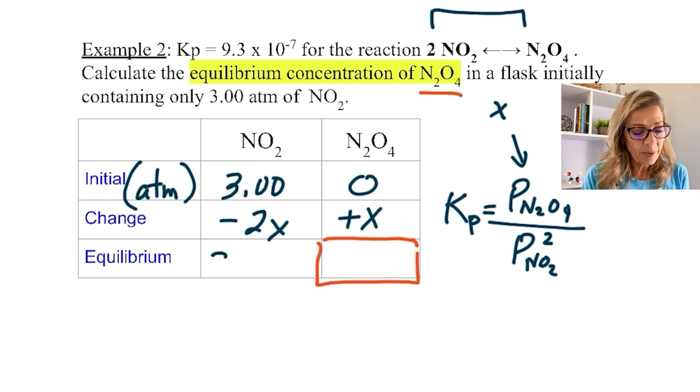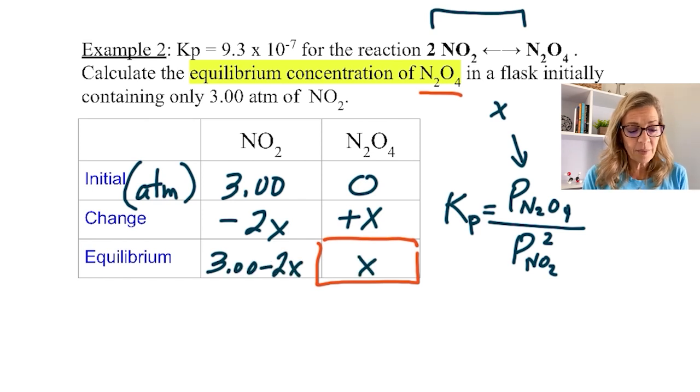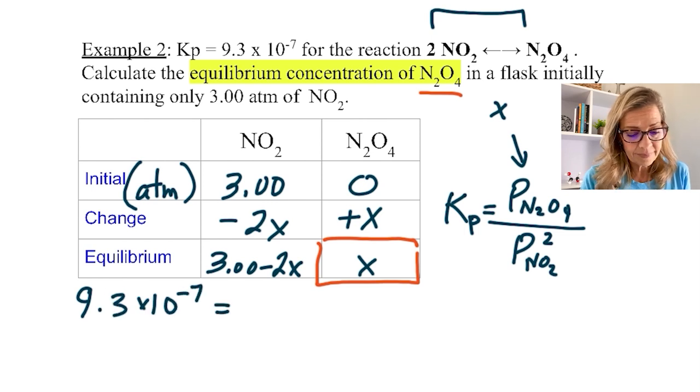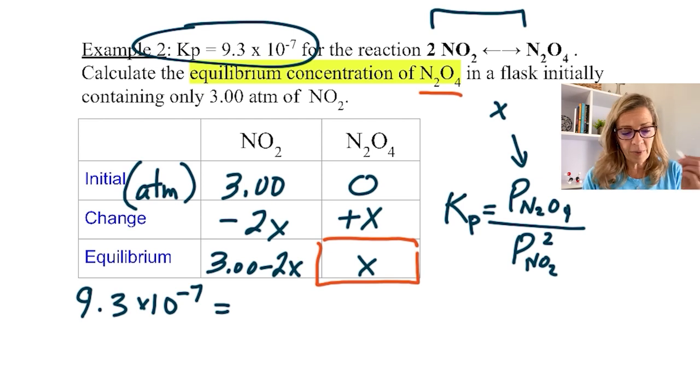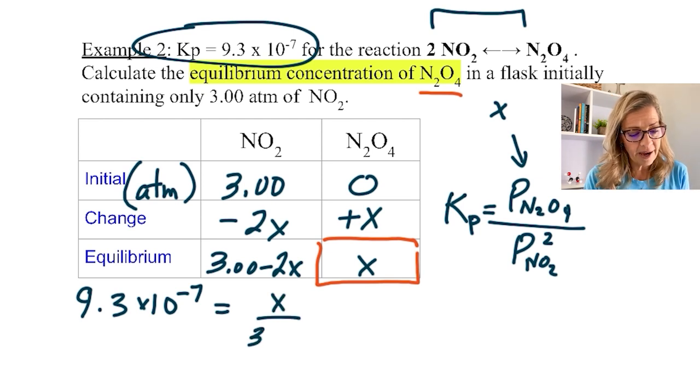And so at equilibrium, I'll have 3 minus 2X, and I'll have X. Now, let's plug these values into our Kp expression. So Kp, which I know is 9.3 times 10 to the minus 7th. There's my Kp given in the problem. The partial pressure will be X, and on the bottom I have 3 minus 2X, and that whole thing is squared.